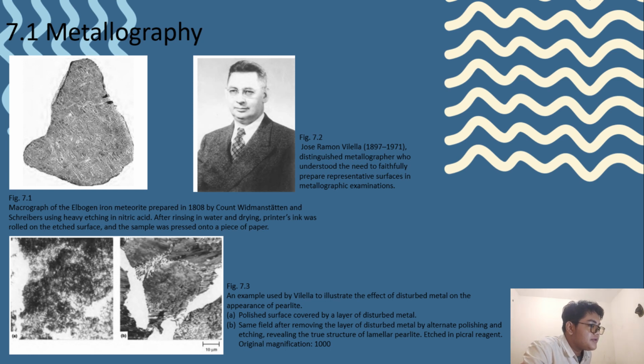We have two figures there. In A, a polished surface covered by a layer of disturbed metal, and B, the same field after removing the layer of disturbed metal by alternate polishing and etching, revealing the true structure of lamellar pearlite, etched in picral, original magnification.